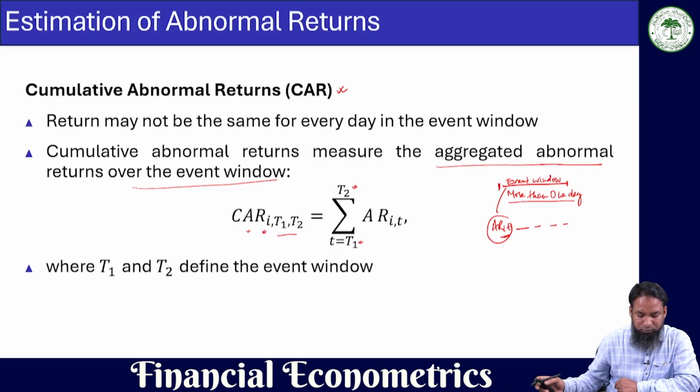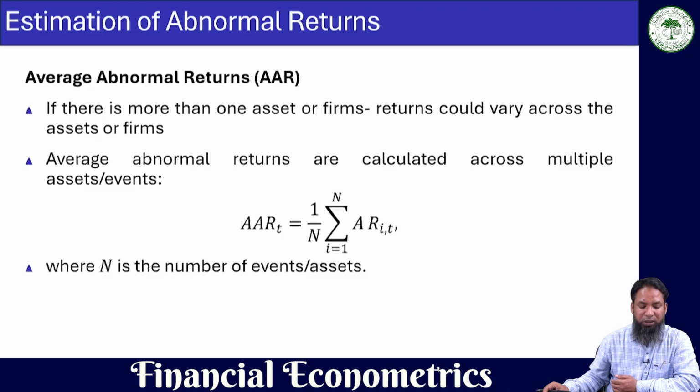Next, the other way to calculate the abnormal return is this: if there is more than one asset or firm, returns could vary across the assets or firms. So let us say you want to study multiple firms for a particular event.